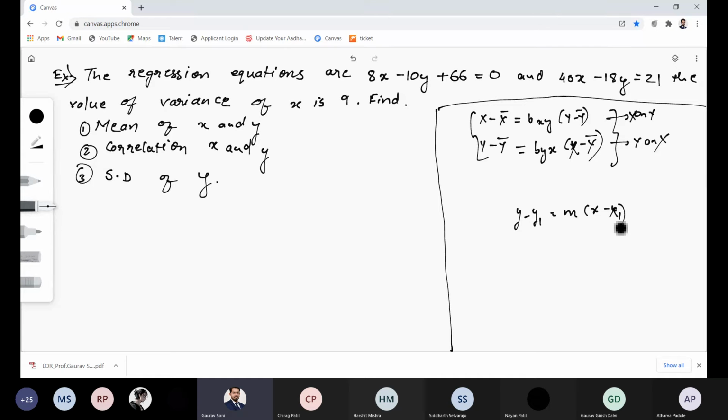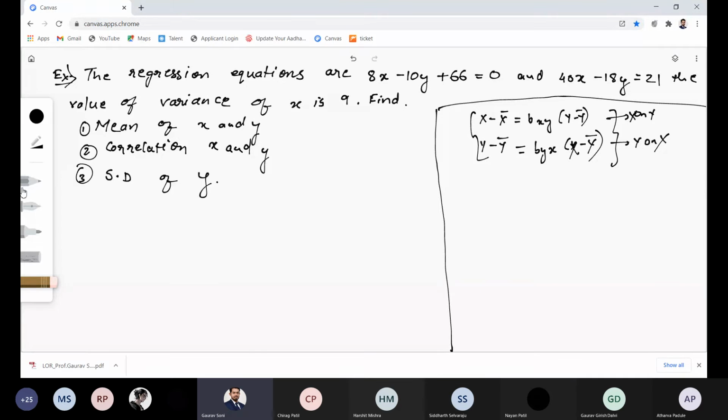What is that x1, y1 there? Sir, it is a point through which the line passes. Yes. So the line x on y is passing through x bar comma y bar, and y on x is also passing through x bar comma y bar. So both the lines pass through the mean of x and y.